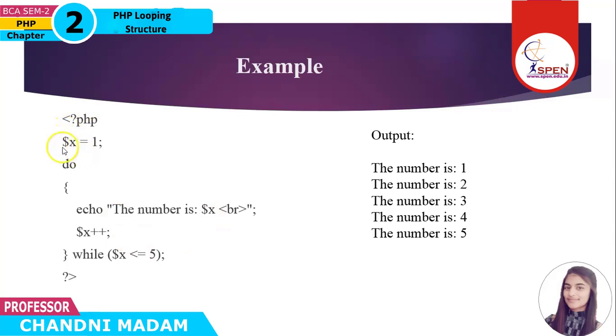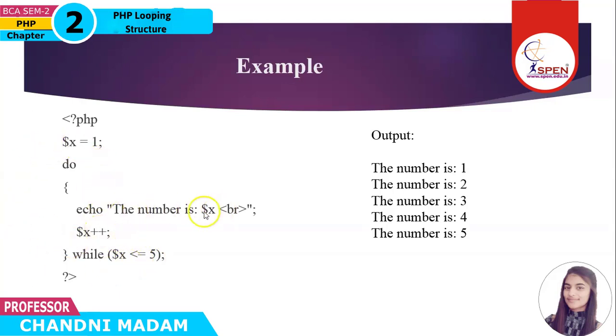Here we have initialized our $x variable to 1. Now we just execute the do statement without checking the condition. So the first time the do statement is executed and it prints $x value 1. And we increment x plus plus, so 1 plus 1 means 2. Now we check the condition, 2 less than or equal to 5. Here the condition is true, so it executes the do statement.